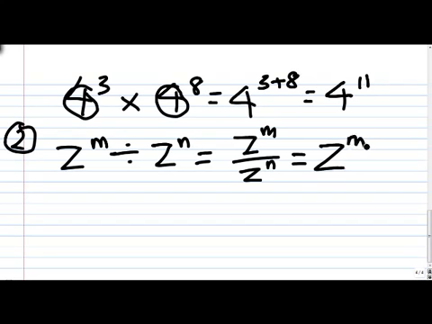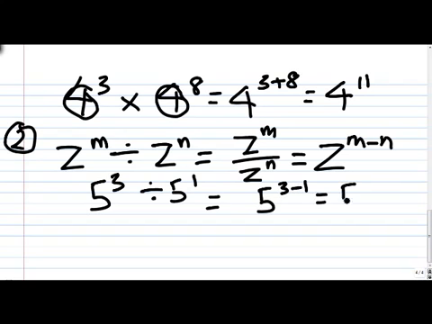Eventually when you do work it out, you can write it as z to the power m minus n. Example, say 5 to the power 3 divided by 5 to the power 1. You can write it as 5 to the power 3 minus 1, which equals 5 squared, equal to 25.